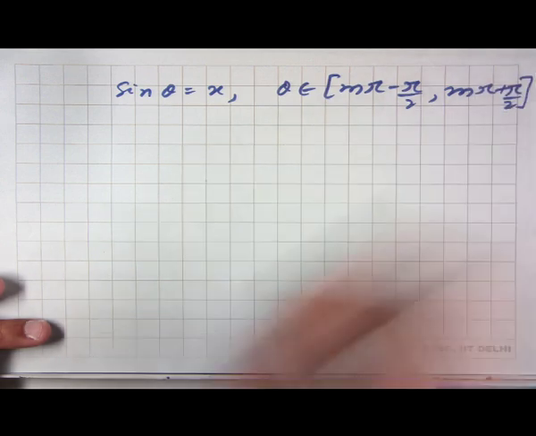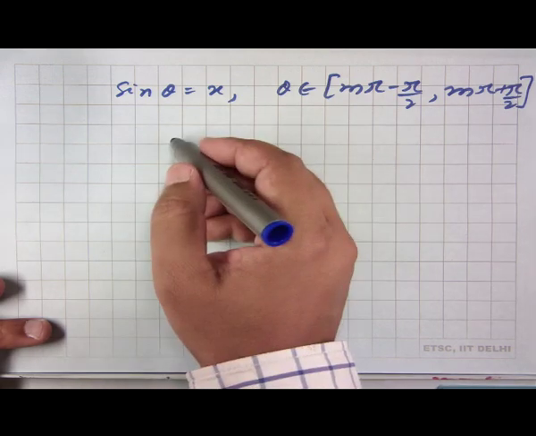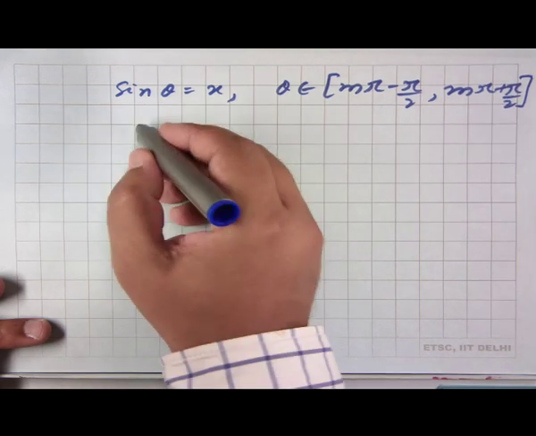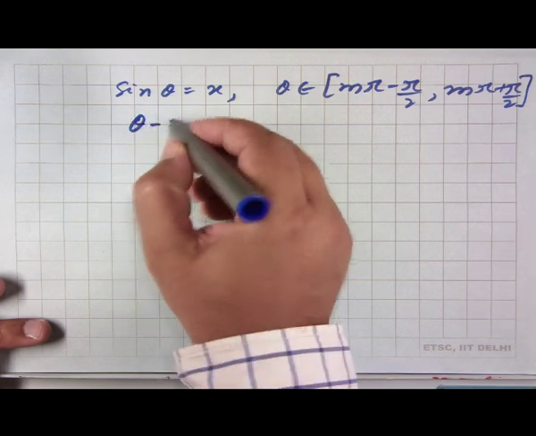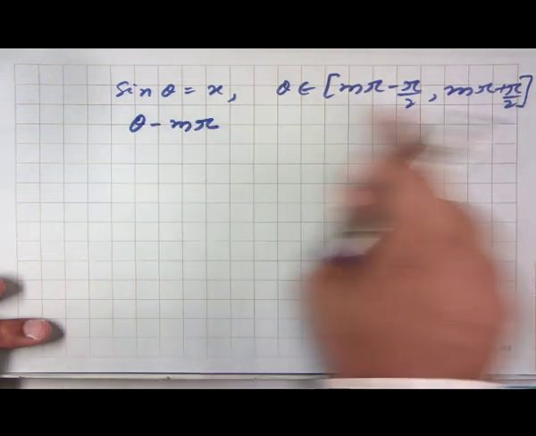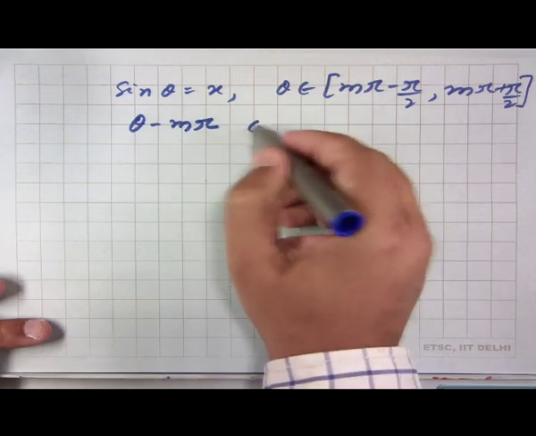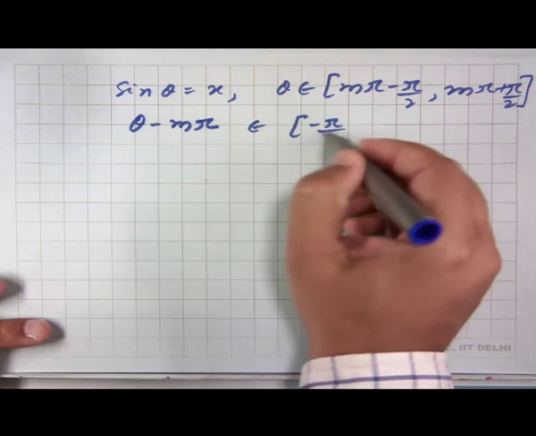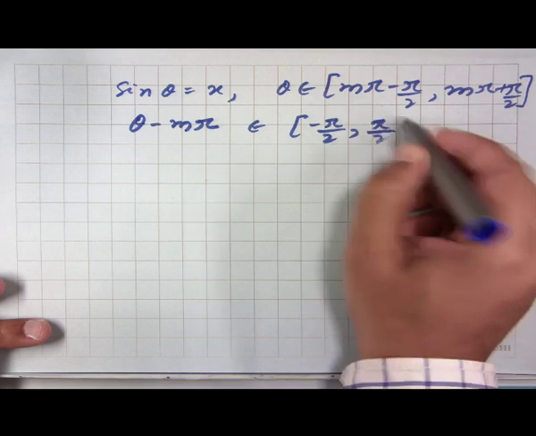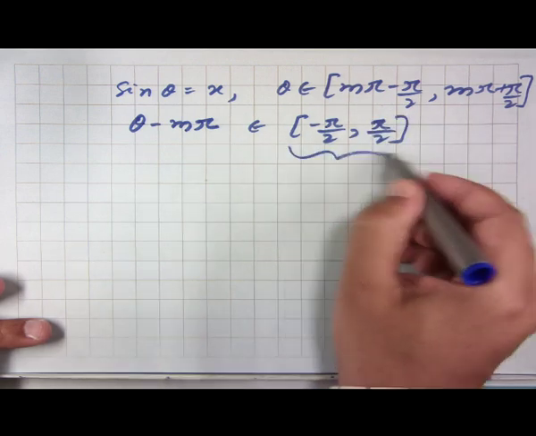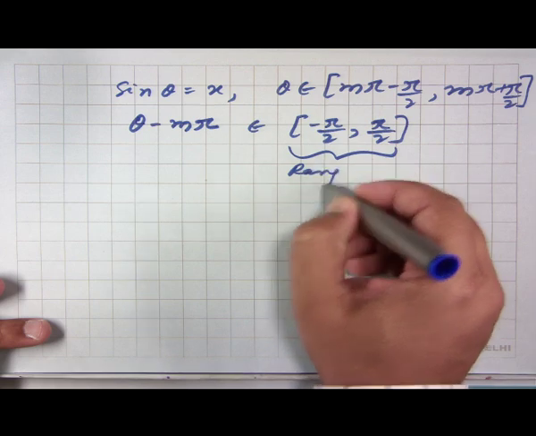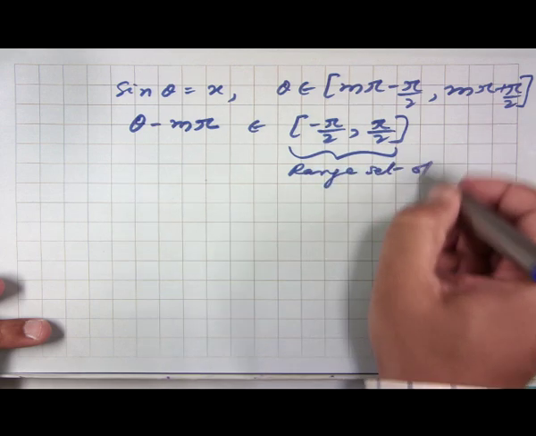But what we see is that if theta belongs to this interval, then theta minus m pi belongs to the interval minus π/2 to plus π/2, and this interval is basically the range set of sine inverse.